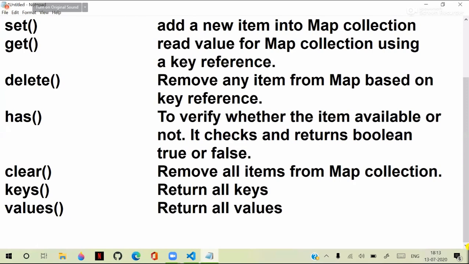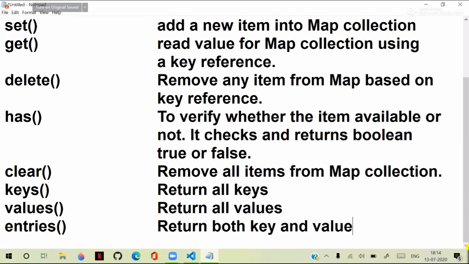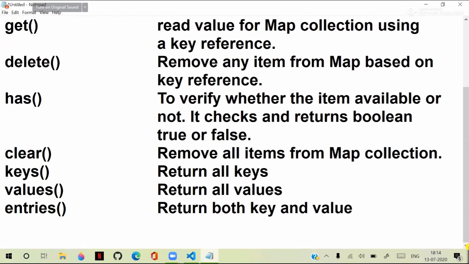And you can even use options like entries. So it returns both key and value. Entries will return both keys and values. These are all the options which are used to dynamically handle them.